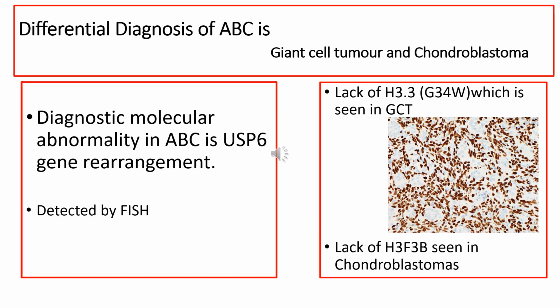So immunohistochemistry not only helps to distinguish ABC from giant cell tumor and chondroblastoma, it also helps to distinguish a giant cell tumor and a chondroblastoma, because chondroblastomas also have a lot of giant cells.